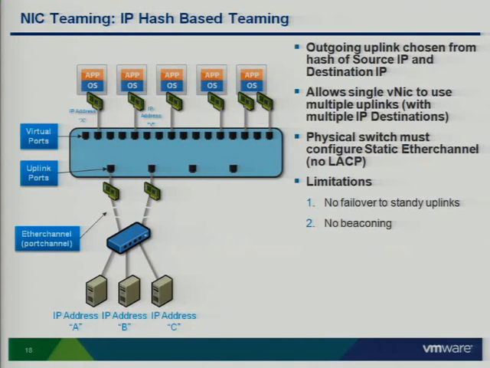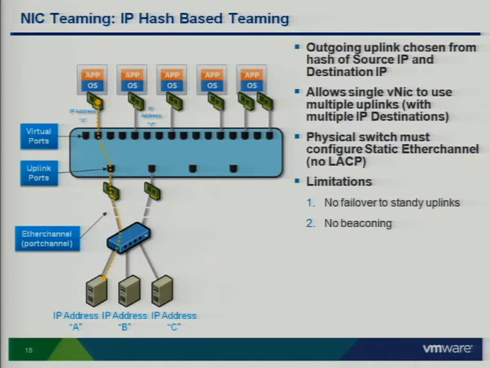So here's how the IP hash works. You choose the outgoing uplink based on the hash of the source IP and destination IP. For example, if you have three potential IP destinations and you want to make a connection between this VM and this destination, then based on the IP addresses X and A, you hash to this particular pNIC.